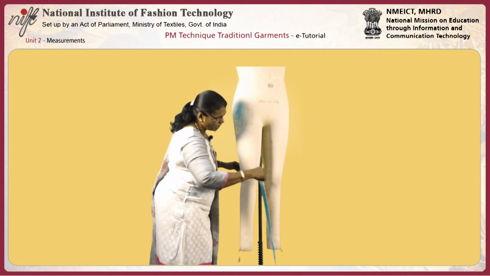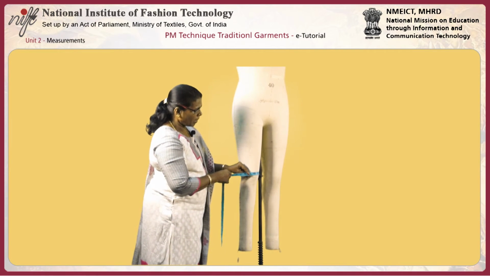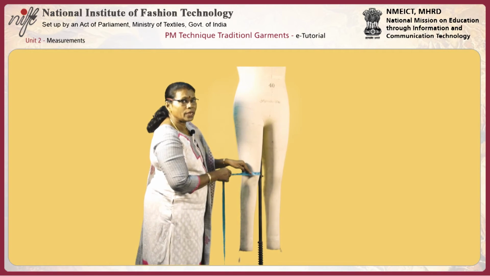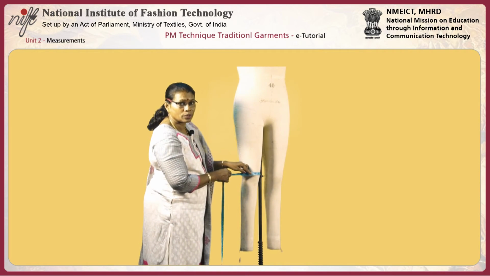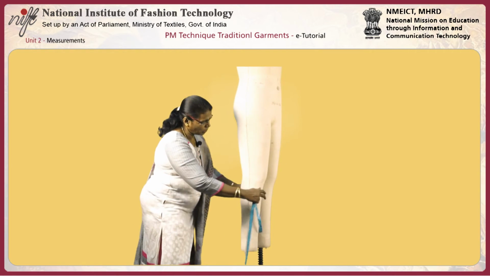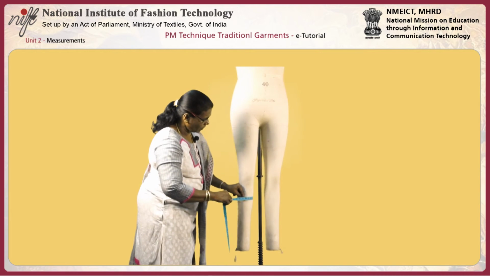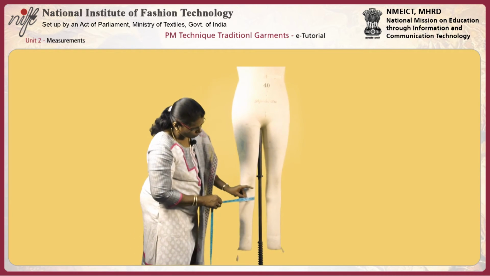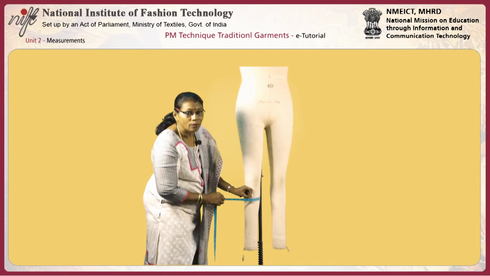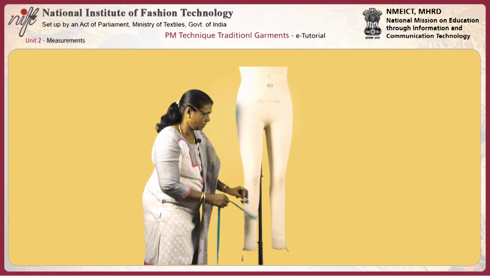At the mid of the knee, parallel to the floor, around the knee with one finger ease is knee round. And at the calf level, the highest part of the calf level parallel to the floor, around the calf with one finger ease is the calf circumference.